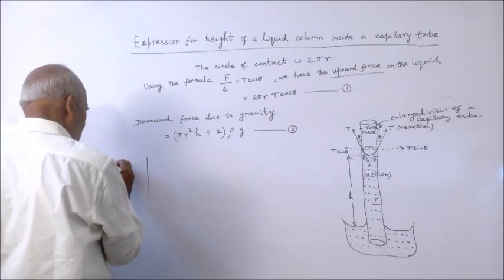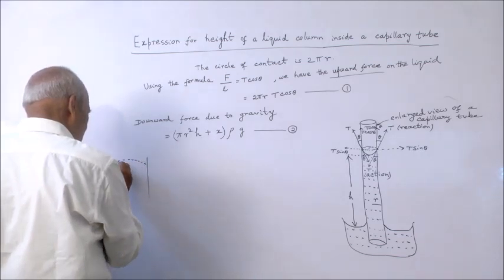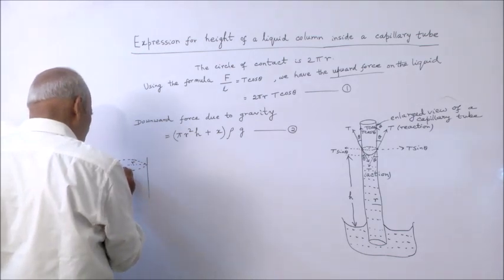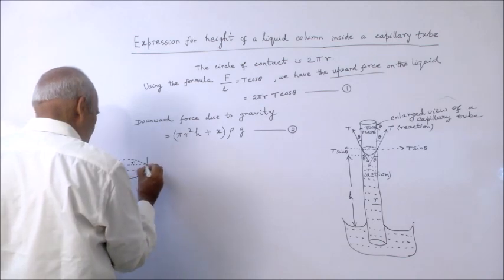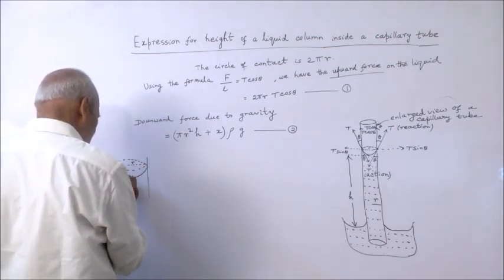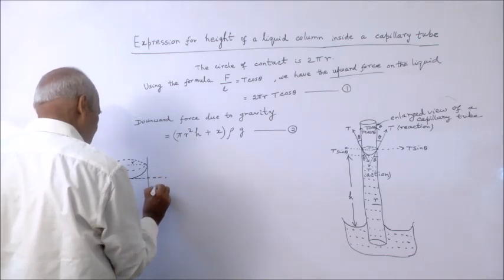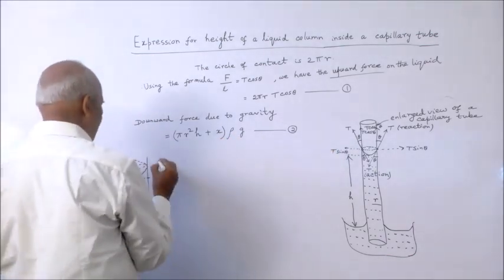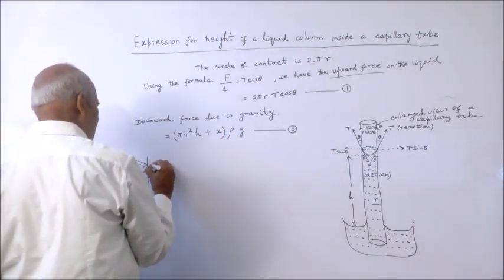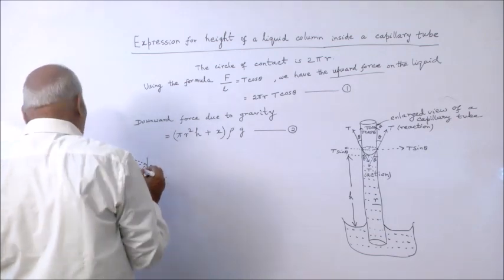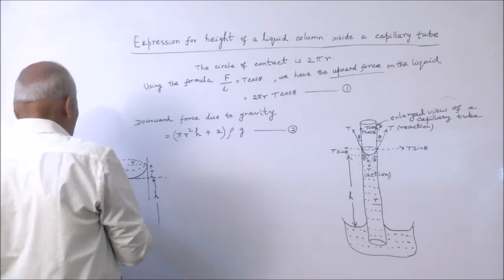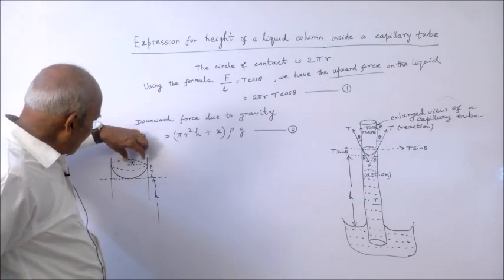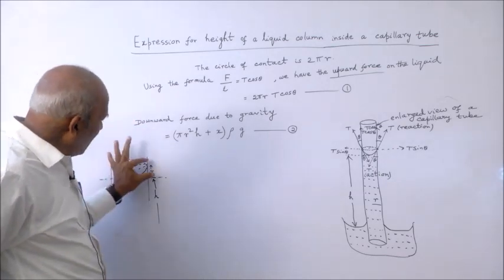You see, this is r, this is a part of the just upper part, and here a little assumption is needed, because the lower meniscus is different for different types of liquids, but we say that this is radius r of the capillary tube and that is equal to r.